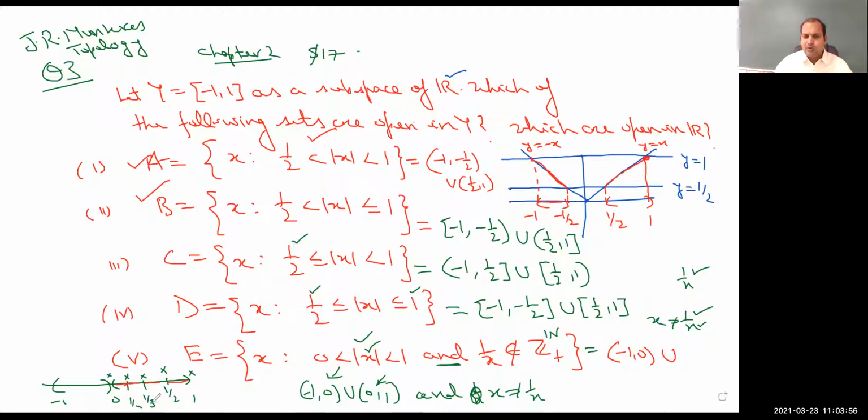So we need to leave these endpoints. So it will be the open interval 1 by 3 to 1 by 2. Similarly, the open interval 1 by 4 to 1 by 3. So in general, the union of all such open intervals is going to be the right hand side. So I can write here the union of minus 1 to 0, union of n equal to 1 to infinity, the open interval 1 by n plus 1, comma 1 by n.